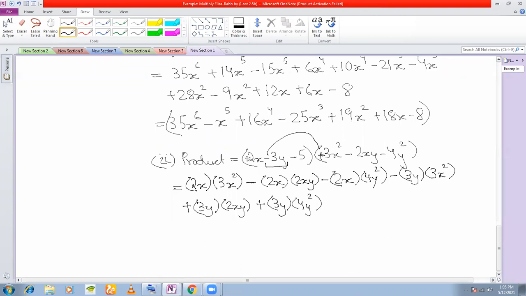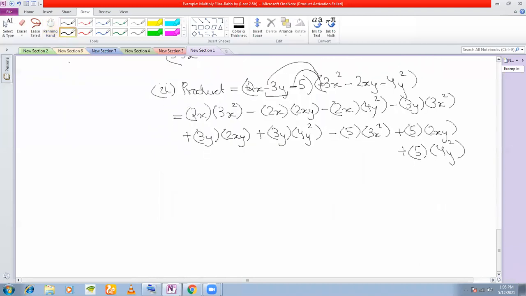Next, you have a minus sign here. So this minus sign will combine with this plus sign to give you a minus 5 into 3x square. And 5 will then be multiplied by the other terms also. So minus minus will again combine to give you a plus 5 into 2xy. And finally, minus minus will again combine to give you plus 5 into 4y square.